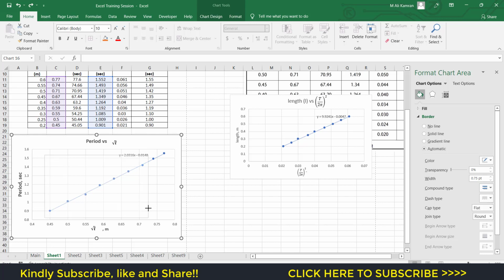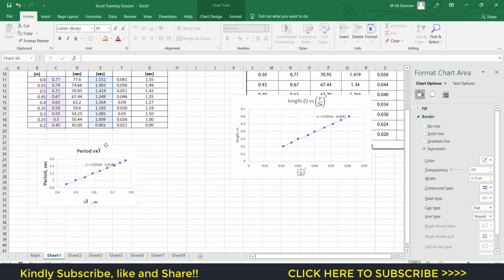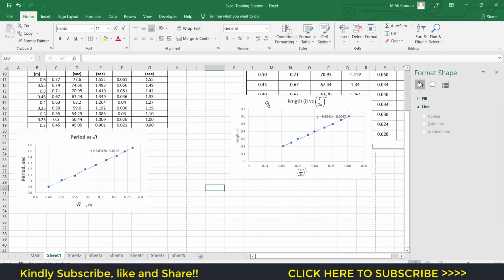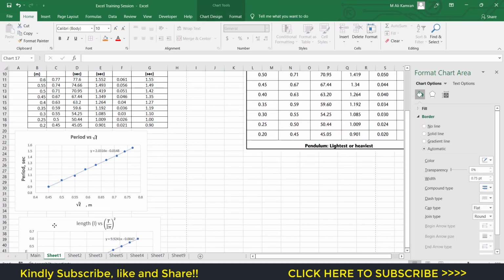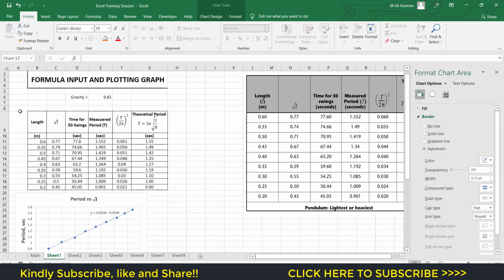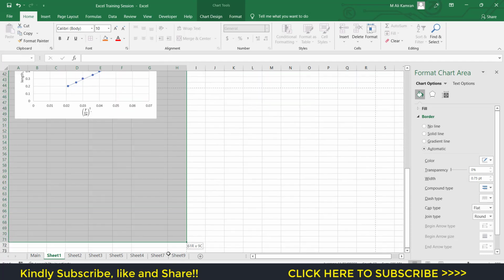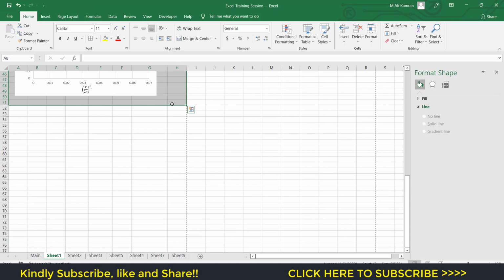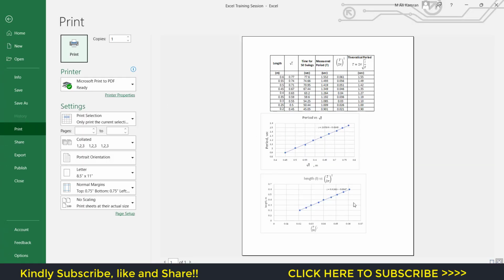If you press Ctrl Shift, it will make it small from all the sides, right? Now let's make it a bit large, and then move it here, and again select all this. Control P. Now we have both the graphs, right?